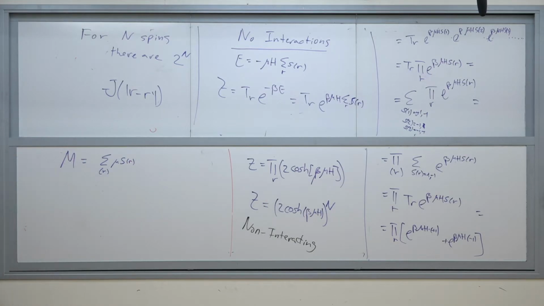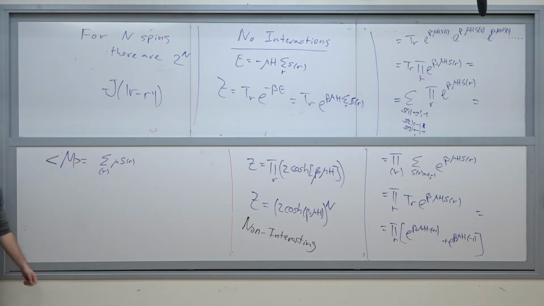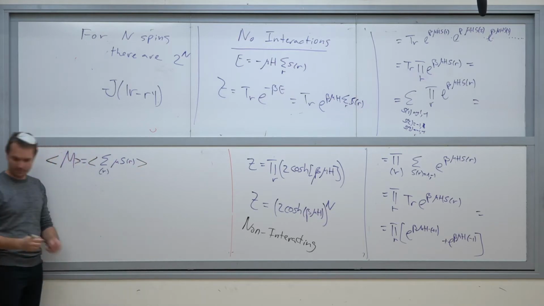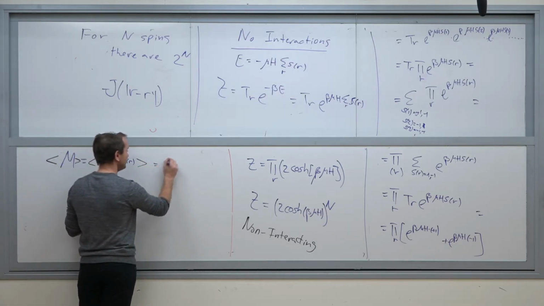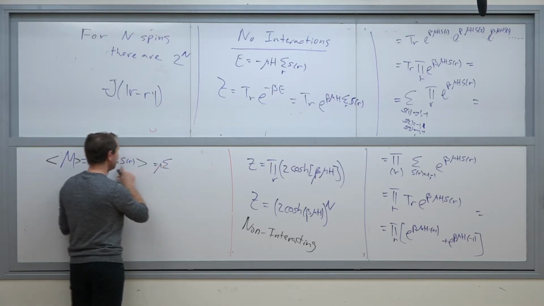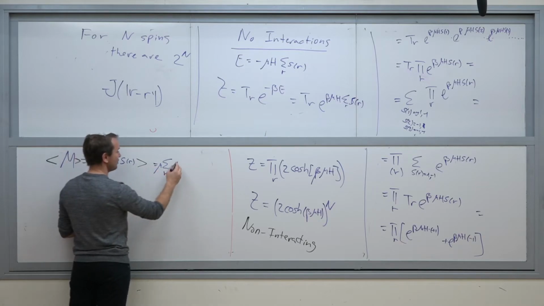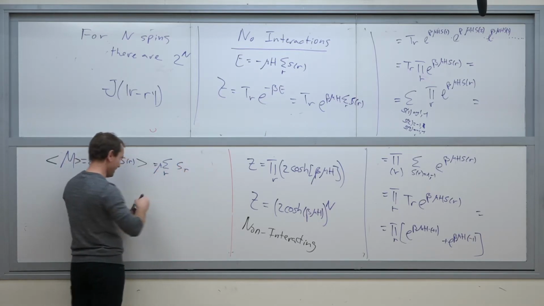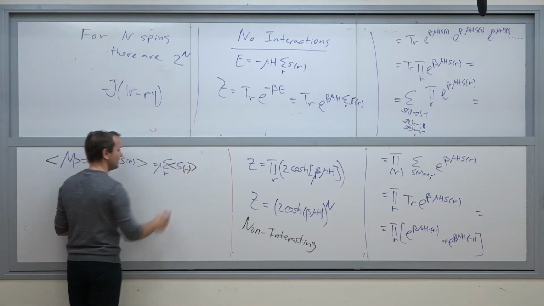The thing that I want to compute is not M, it is the average M, which is the average over the sum. Now the average over the sum is simply mu, because mu is constant, times the sum over all the r's of the average of s of r for each of them.